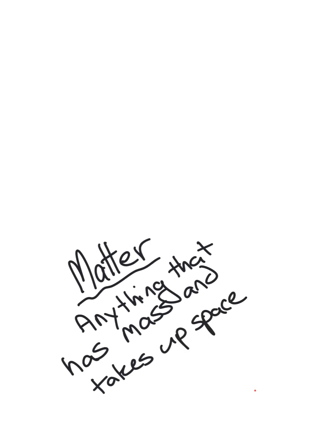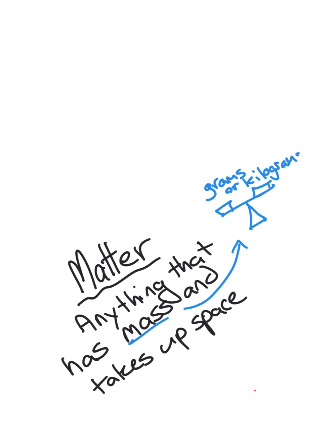And volume we can measure depending on the object. A regular, like square object, we can measure height times width times length. And with an irregular object, we can drop that in a cylinder of water and see how much the water goes up. That would be called displacement.